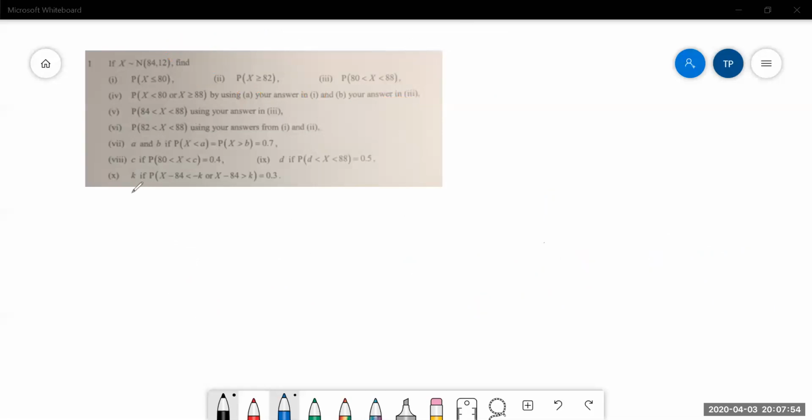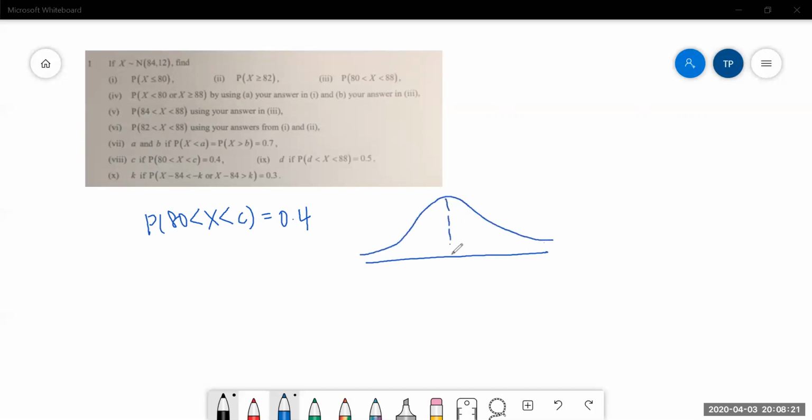Find C if this. So same thing, always draw the curve. This is 84.